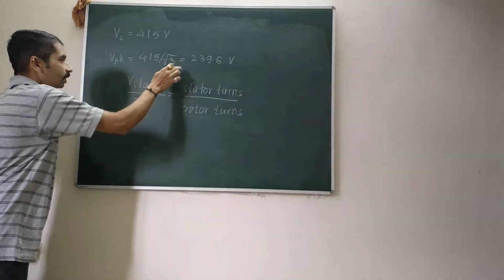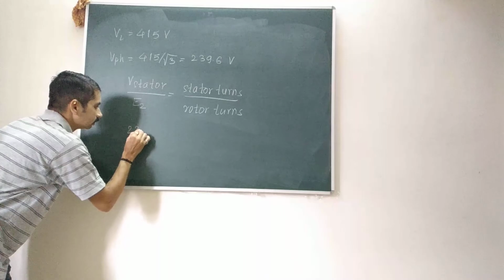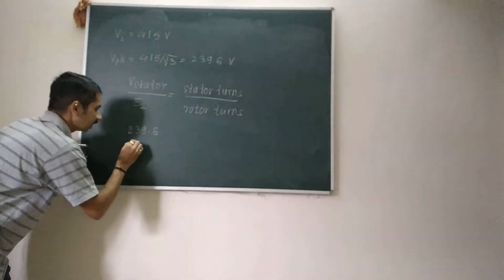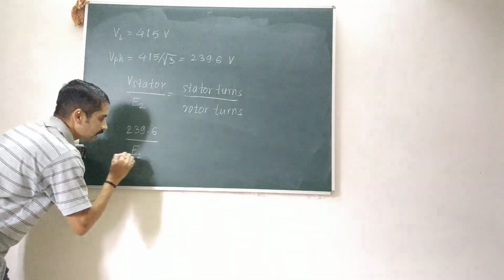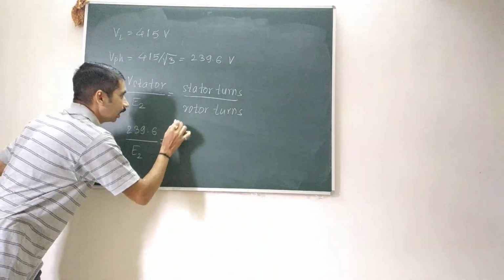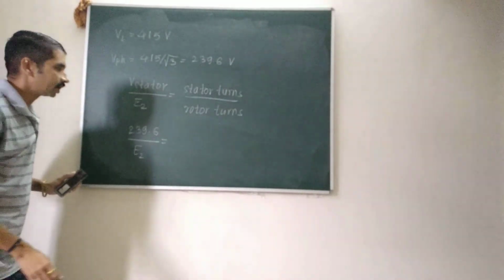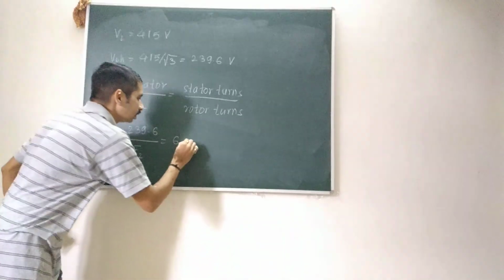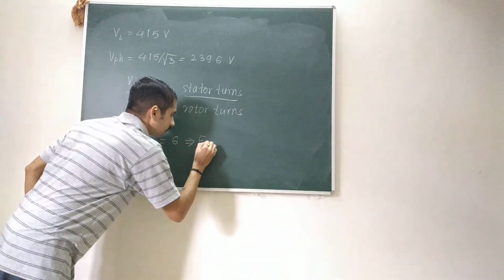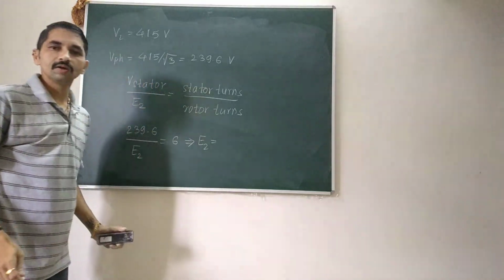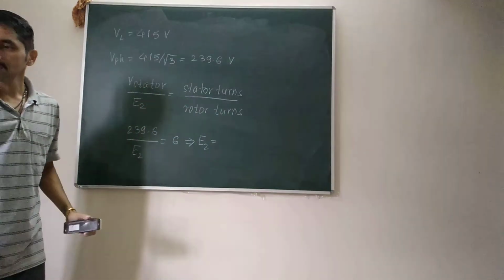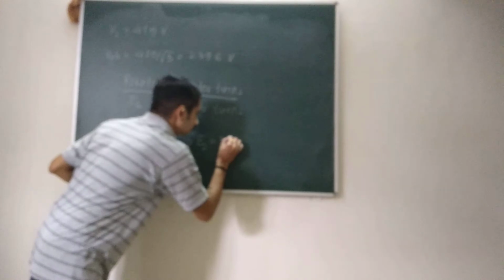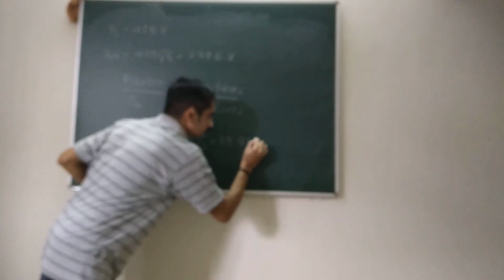Substituting the values, it is 239.6 upon E2, and this ratio is given as 6. This gives the rotor induced EMF per phase as 39.93 volts.